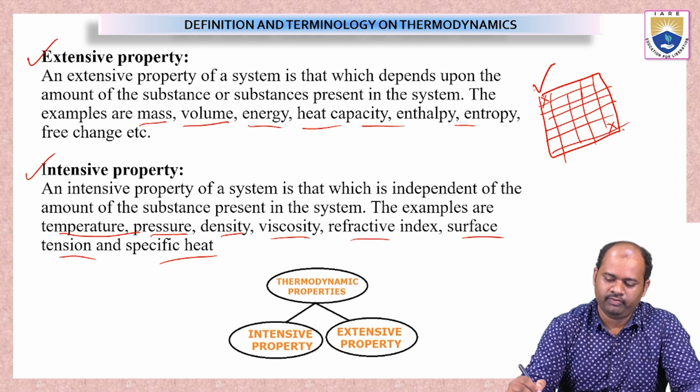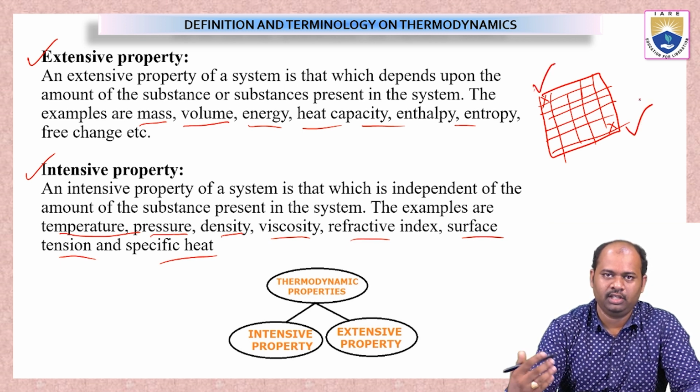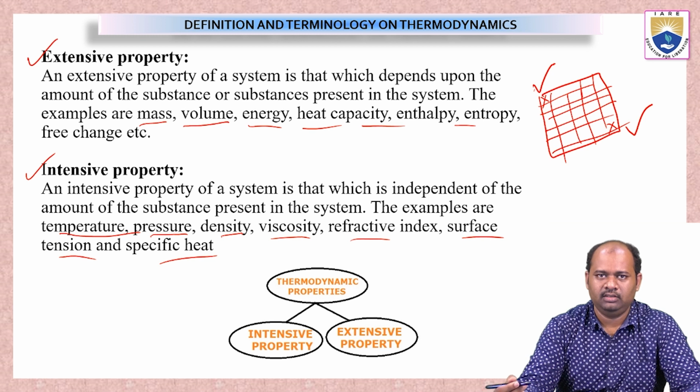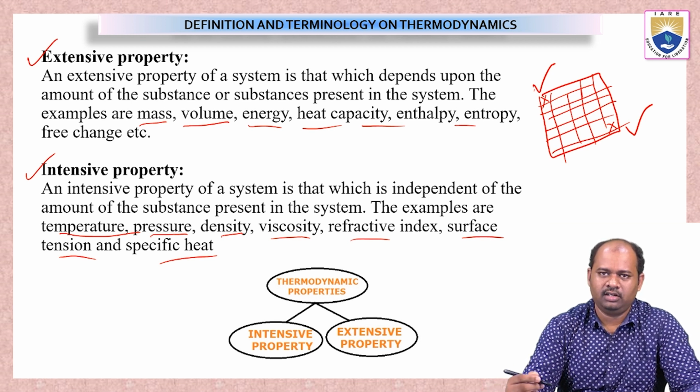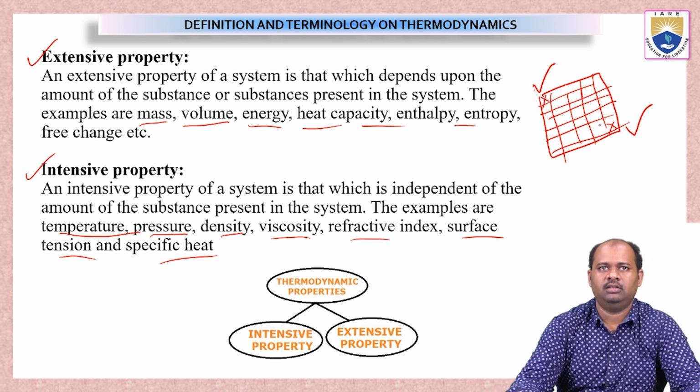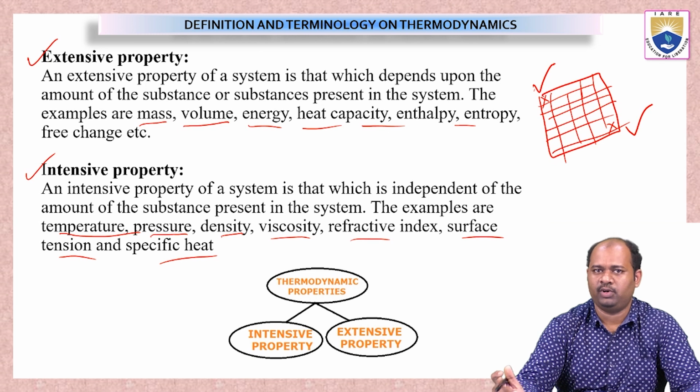Here the volume will be different, and here the volume will be different. It depends on the amount present inside the system. Whereas the temperature, pressure, density, viscosity do not depend on the amount of material, and they are the same in the entire system. So this is about the extensive and intensive properties.